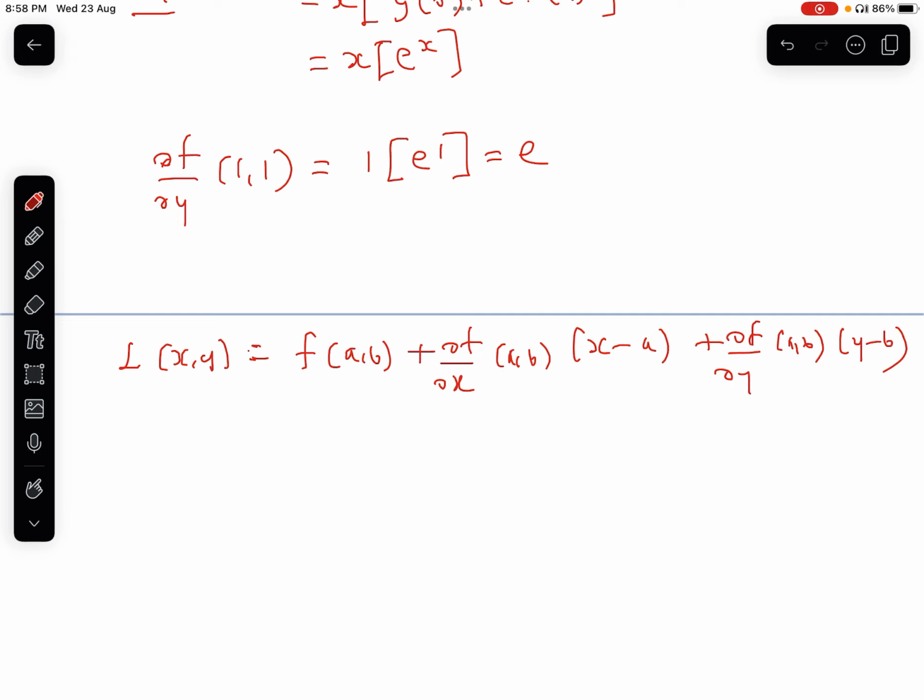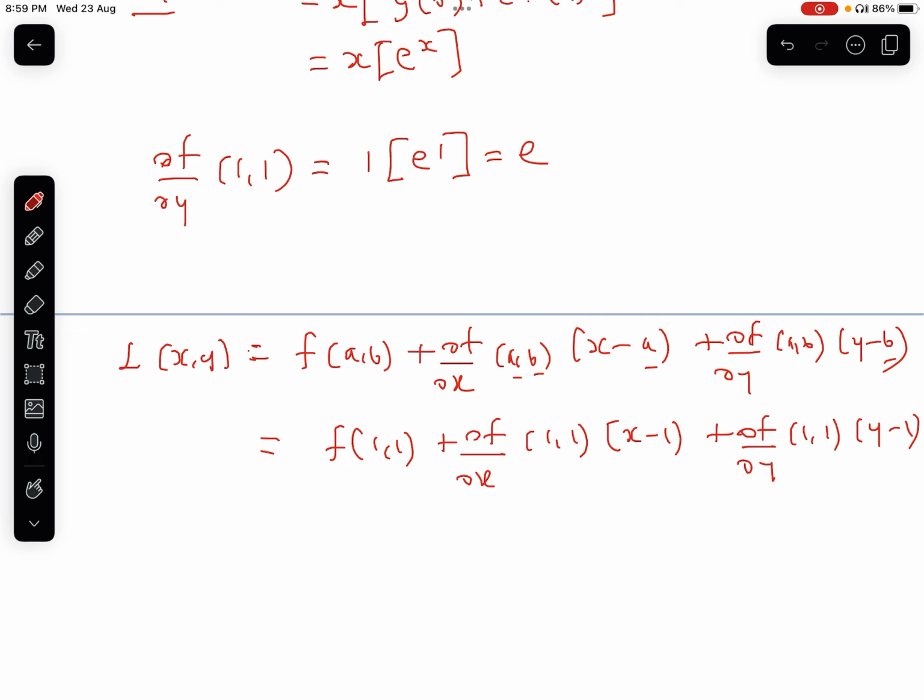Okay, so wherever a and b are there, you are just going to substitute 1, 1. So I'll rewrite it: f(1, 1) plus ∂f/∂x(1, 1) into (x minus 1) plus ∂f/∂y(1, 1) into (y minus 1).